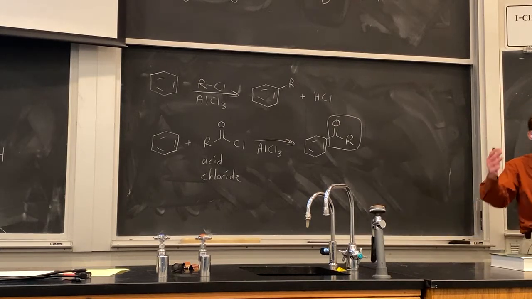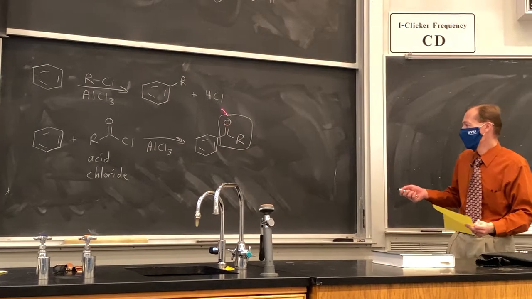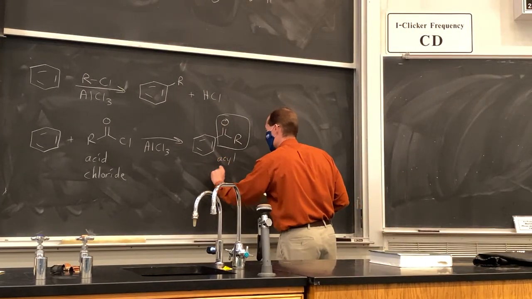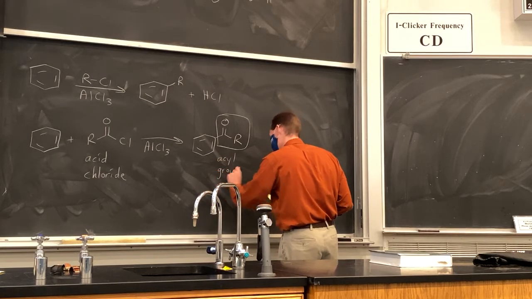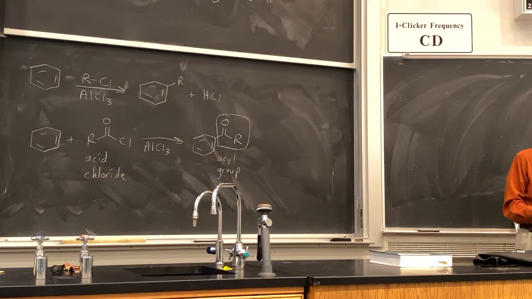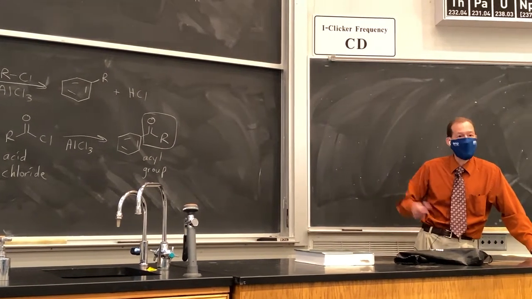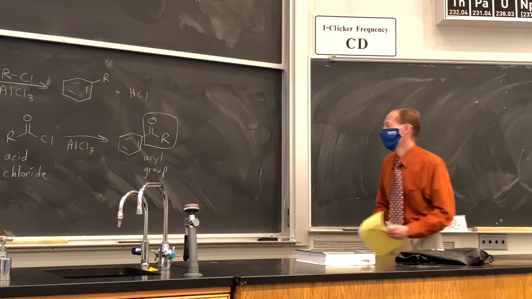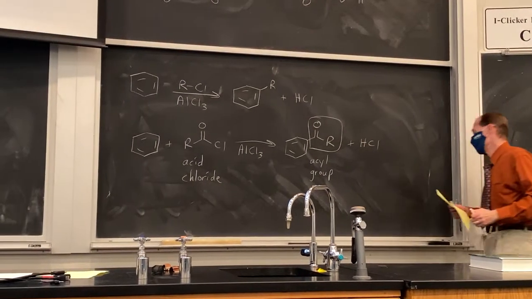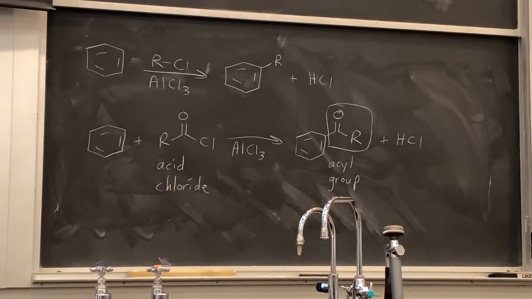And when you look at just half of the ketone, the part that we're attaching to the benzene ring, we refer to that as an acyl group, the part I've put in the box. So because we're attaching an acyl group to our benzene ring to form a ketone, this reaction is known as an acylation. And then, of course, HCl, once again, is formed as a byproduct.